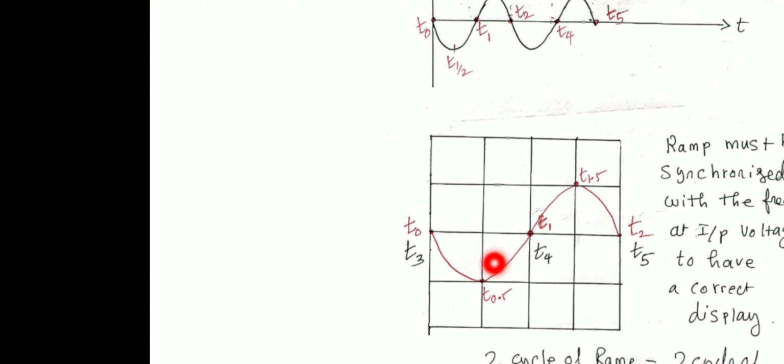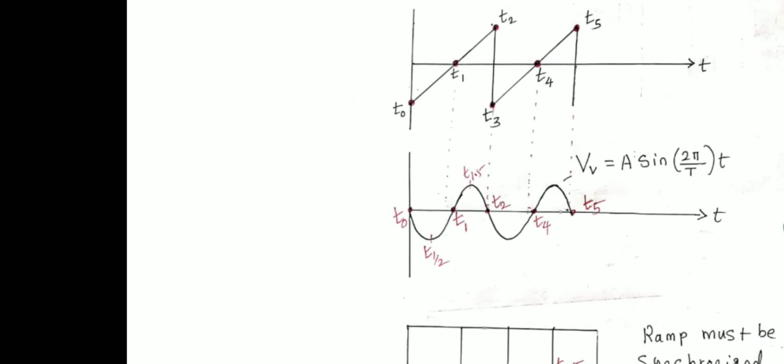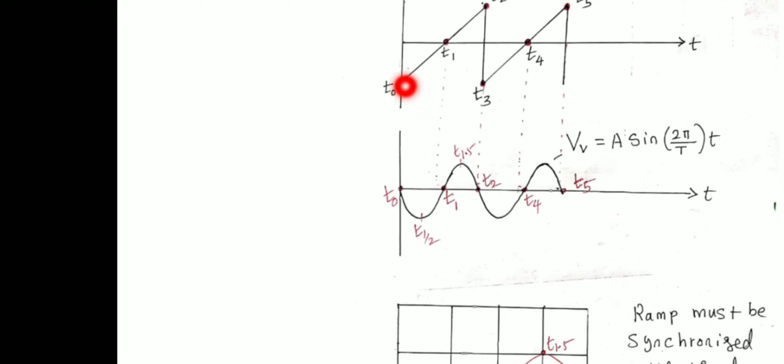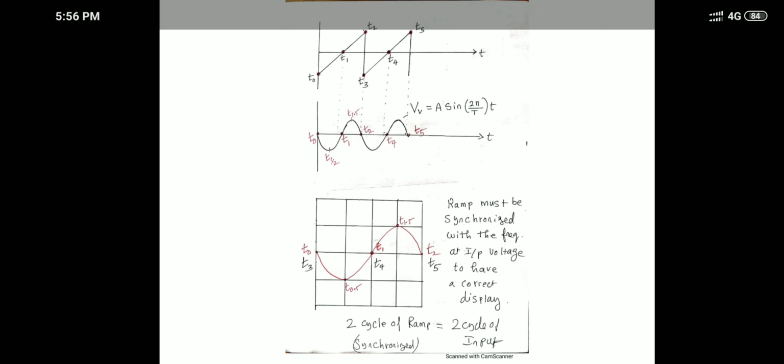So now this negative half cycle appears on the screen, as the ramp signal from T0 to T1, going from negative voltage towards 0, is given to the horizontal deflection plate and the vertical deflection plate has the negative half cycle. So the negative half cycle appears on the screen, okay?